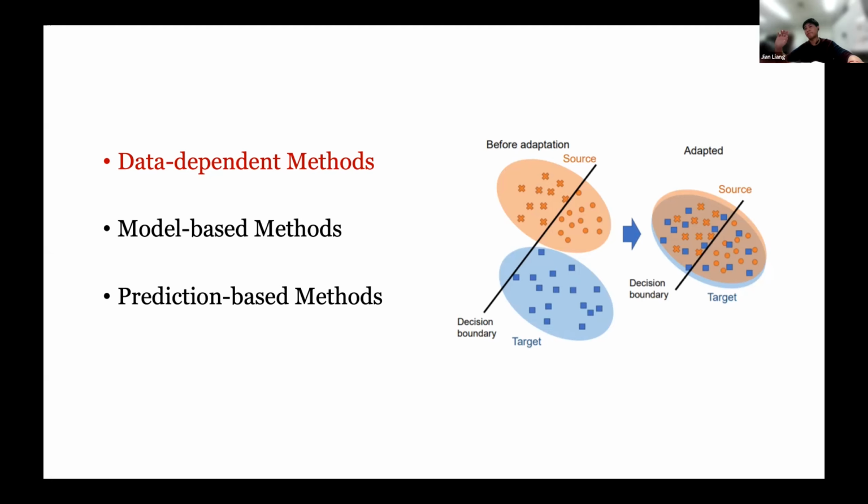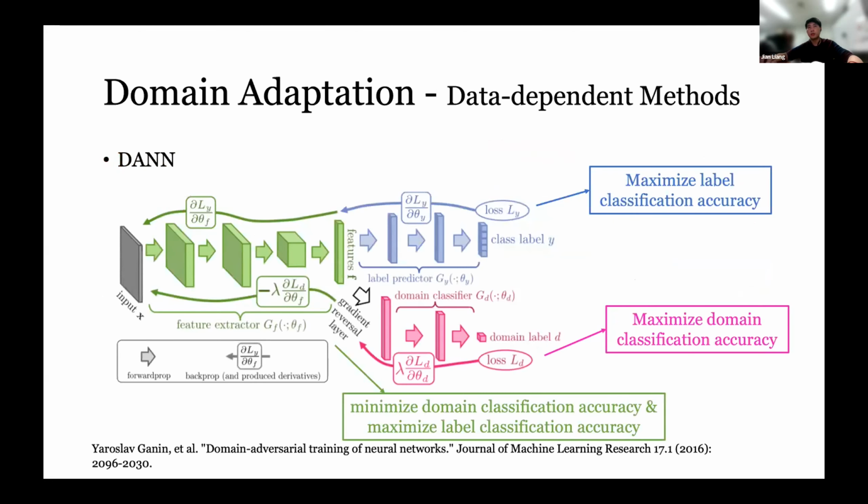Ideally, we align features from the same categories across different domains together and push samples from different categories and different domains far away. First, I will introduce some classical DA methods for the data-dependent category.